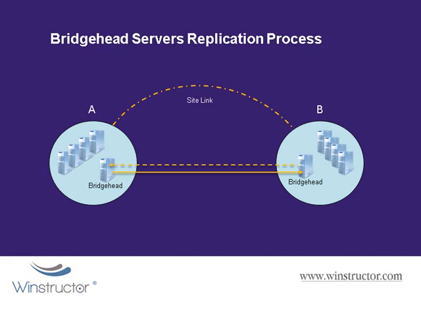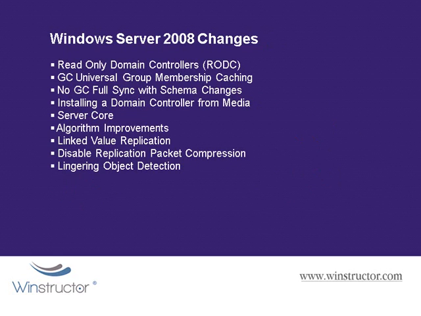If site B does have updates, it'll send the updates to site A. If the data is greater than 50 kilobytes in size, it'll first compress it before transferring it to site A. Once all the data has transferred to the bridgehead server in site A, it'll then replicate this data to the other domain controllers within its site. As this is intra-site replication, it doesn't need to compress the data.